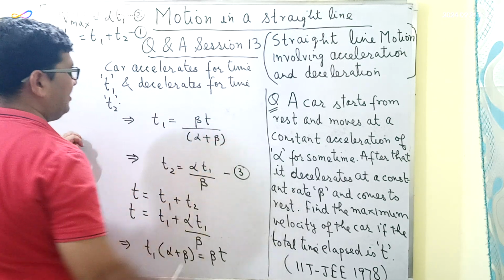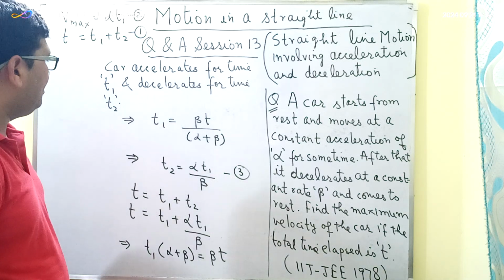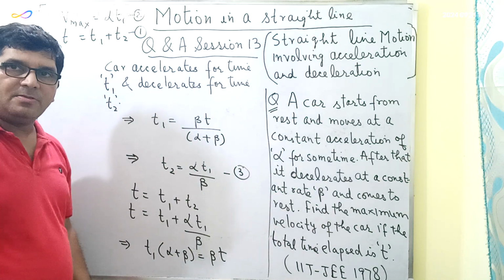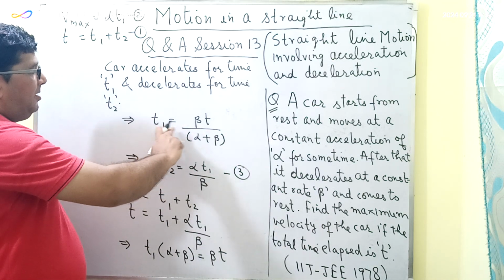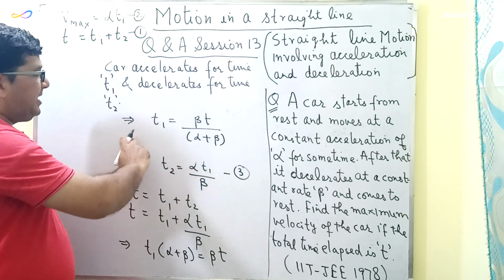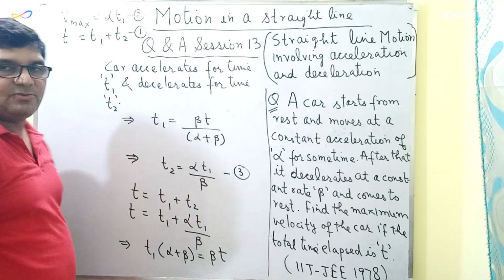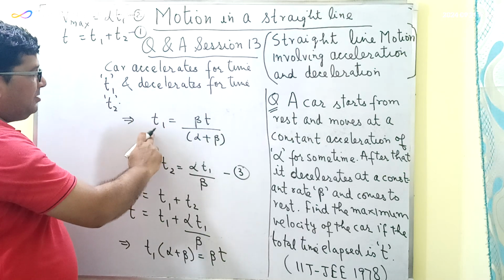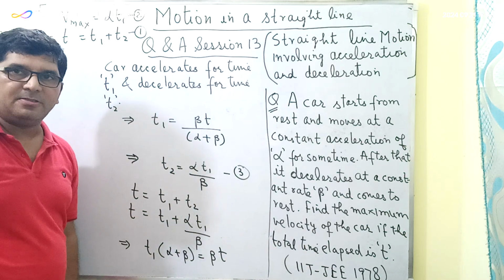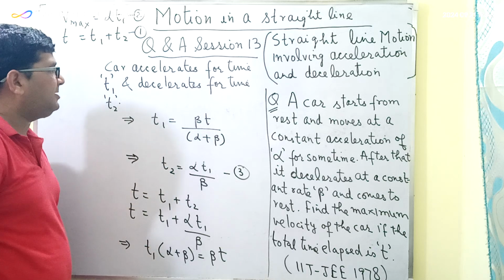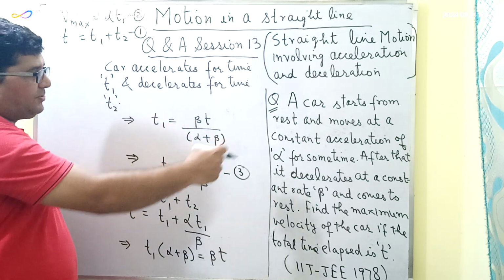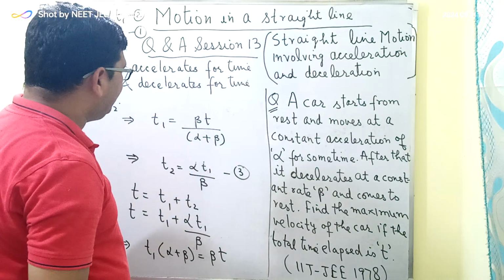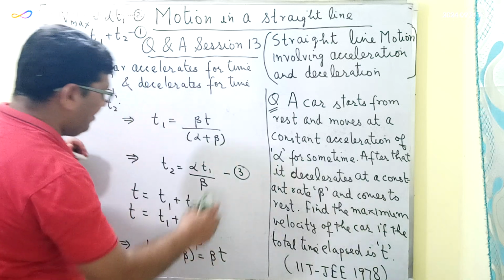So the time taken by the car in order to accelerate from 0 to this maximum velocity, or you can say the time for the first part of the journey in which the car has accelerated at a constant rate alpha, is equal to beta t divided by alpha plus beta.